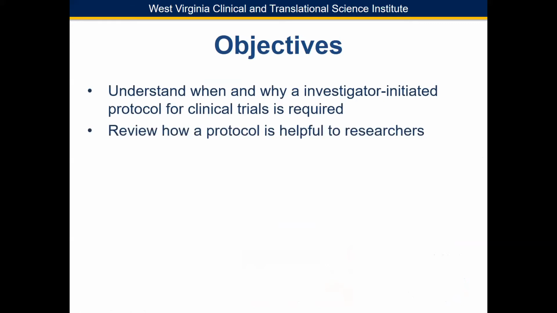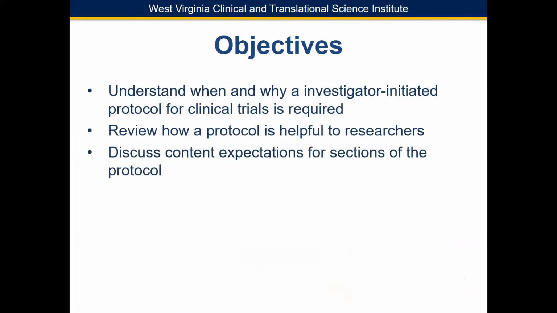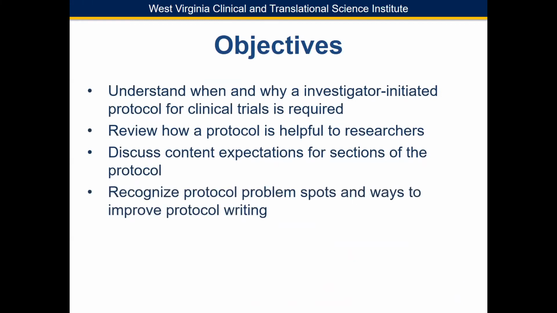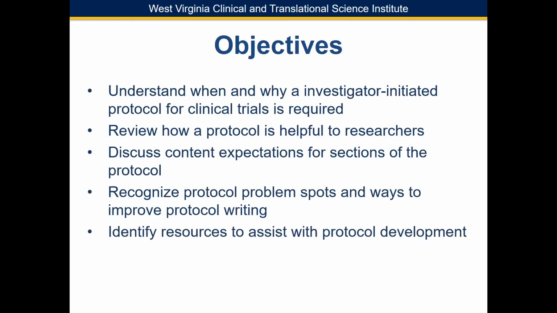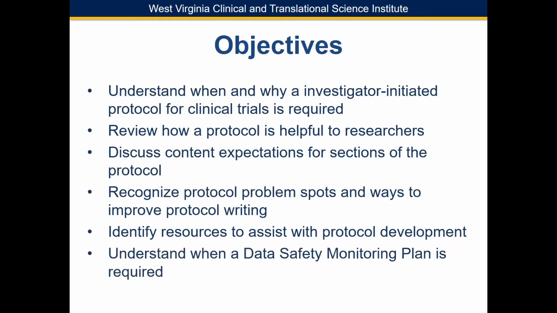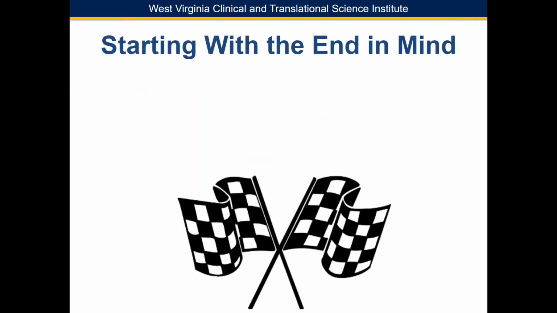We're going to review how a protocol is helpful to researchers, discuss content expectations for sections of the protocol, and then also recognize protocol problem spots and ways to improve protocol writing. And we also want to identify resources to assist with protocol development, and also really understand when a data safety monitoring plan is required. So let's start with the end in mind.